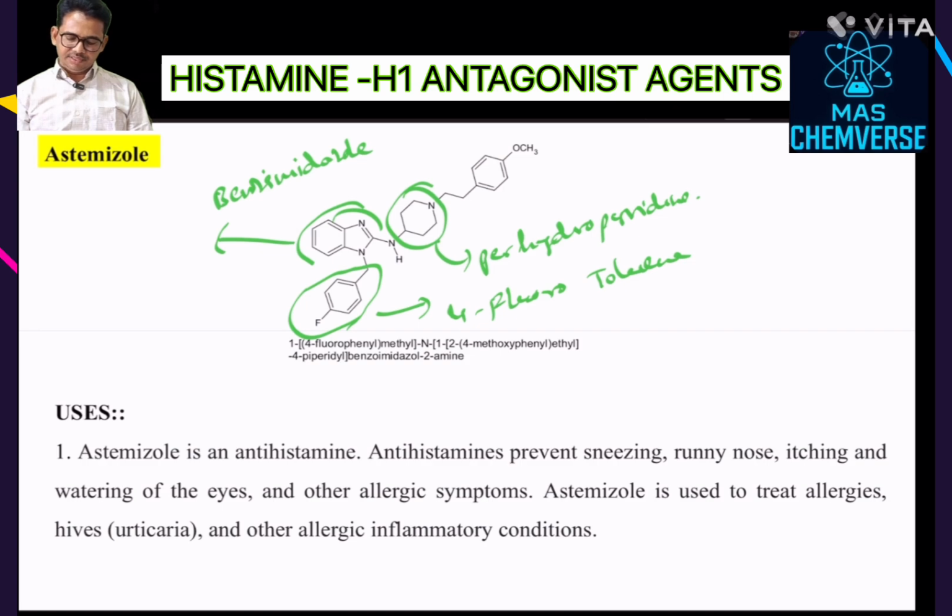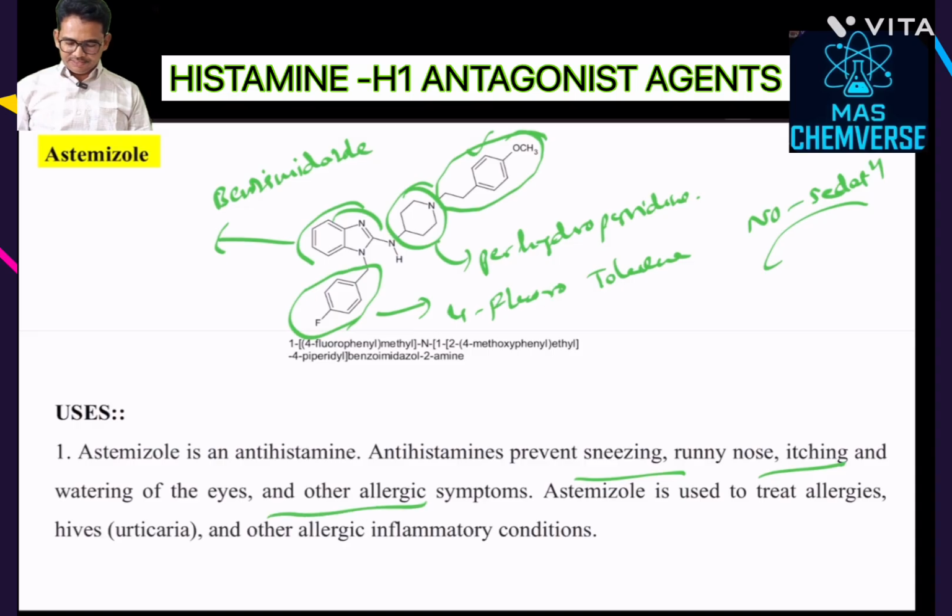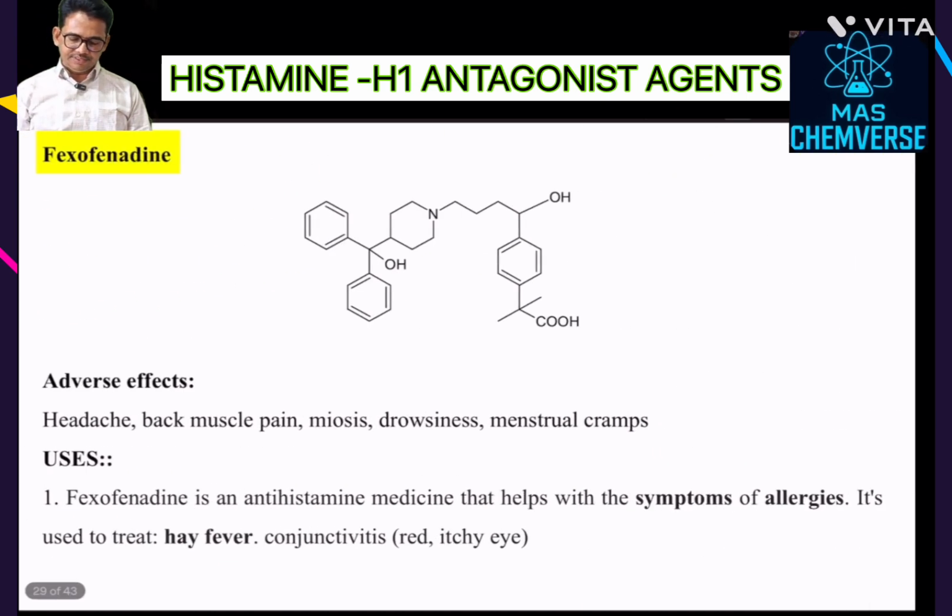Along with that it has the methoxy. A benzene, methoxyphenyl ring is present in this case. This is also a second generation antihistamine. It causes no sedation, and it is going to treat various sneezing and allergies of the eyes. Any inflammatory conditions of the eyes and other parts of the body, other allergies, are going to be prevented.